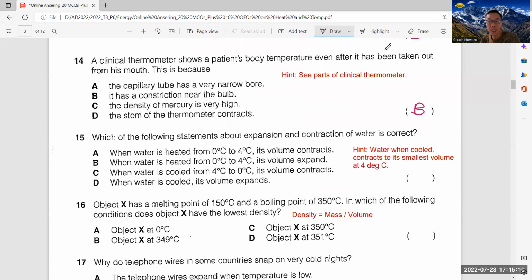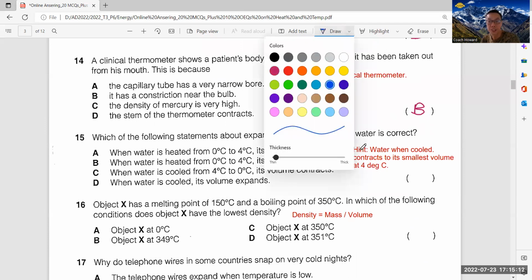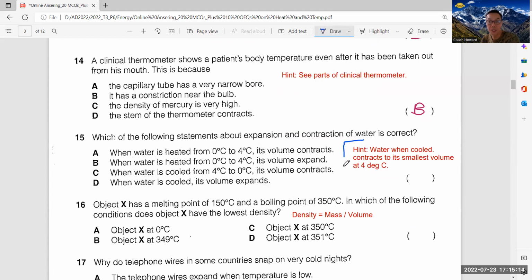Okay, here I put one extra note here. It is for your information. This phenomenon is very unique to water. Okay, because when you cool anything, as it loses heat, it will contract, correct? So actually water, when it reaches 4 degrees Celsius, it will reach its minimum volume.